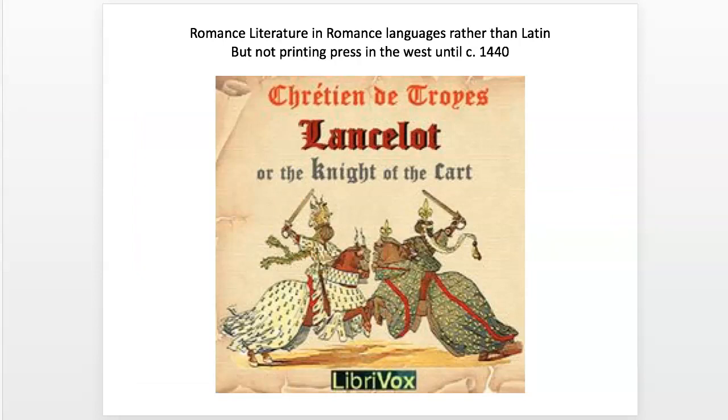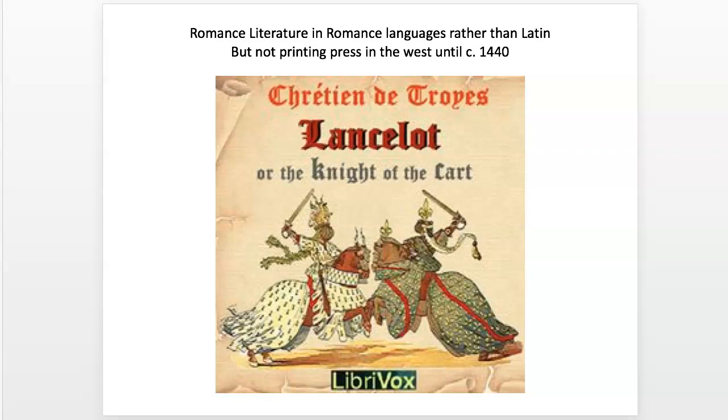Also, during this period, 1440, so we're on a couple hundred years, the Romance languages begin to have literature in them rather than Latin. So Latin is now a dead language. People don't really speak Latin in regular everyday life.